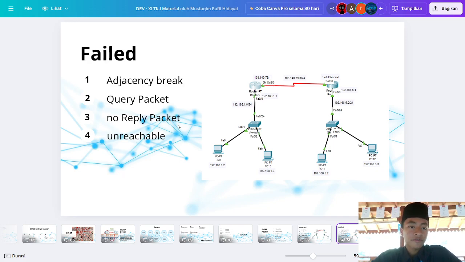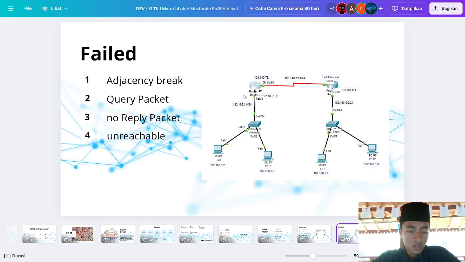One example of a failed update packet is like this. Say router B is down. Then router A wants to communicate with router B, but it has no answer. So the adjacency breaks after a hold time of 15 seconds times 3.